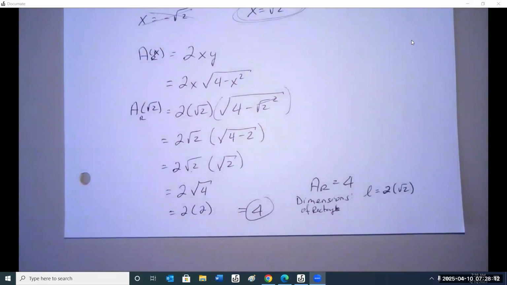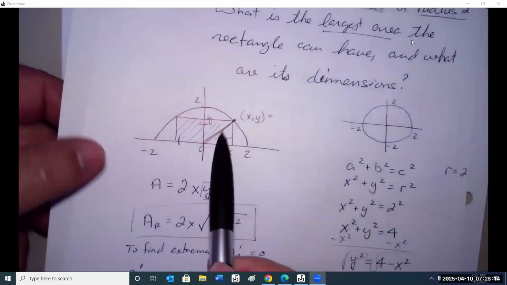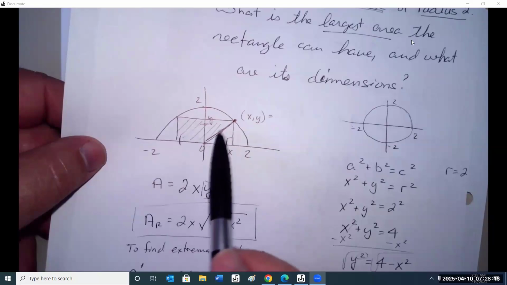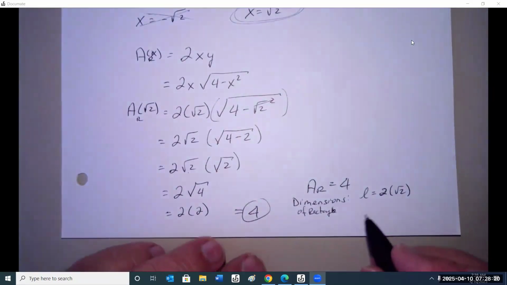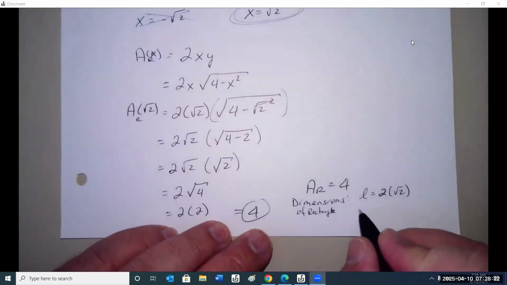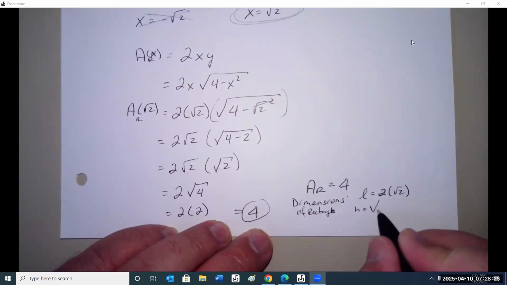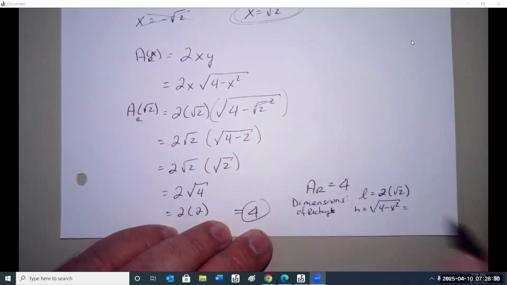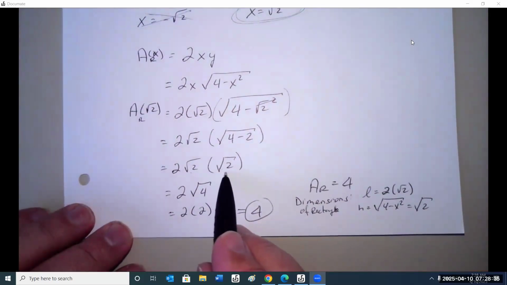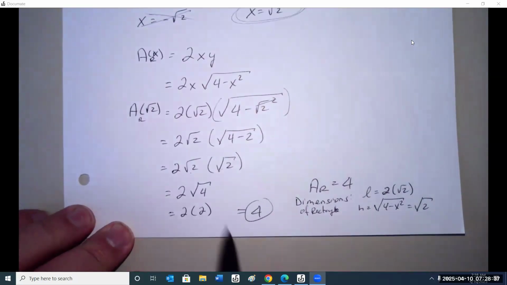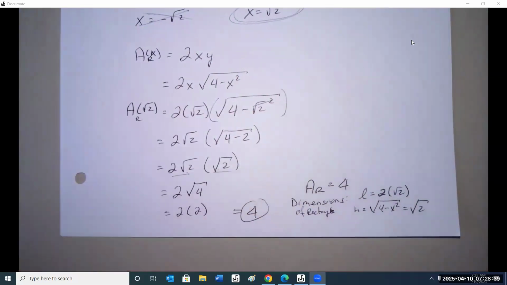Why is it? Because remember, we had this area plus this area. So the length is this plus this. And the height is the y value. That's the square root of 4 minus x squared, which is square root of 2, which we just calculated right there. So this is the base times the height.